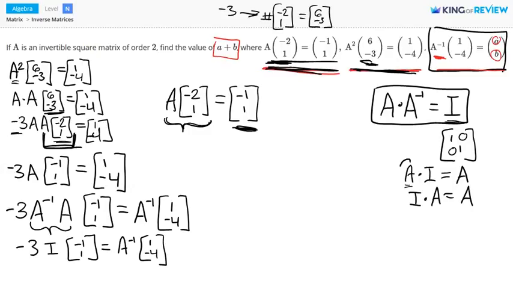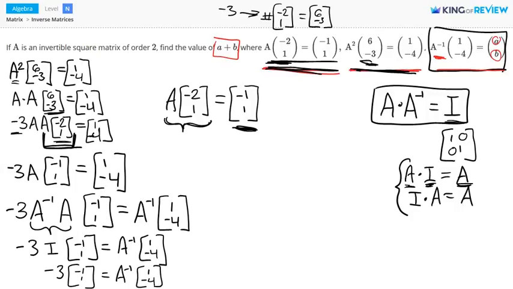And again, remember that a matrix times an identity matrix gives you the original matrix. So what we have here is negative 3 times the matrix, negative 1, 1, equals A inverse times this matrix.